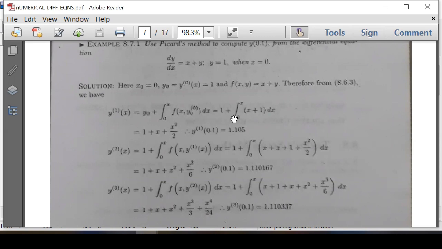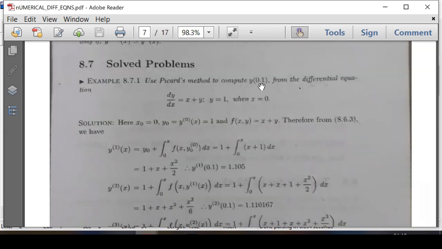For calculating all these integrals, as you know from the theory itself, suppose I am trying to calculate the value of y at the point 0.1. What we do is use the initial values, y equal to 1 when x equals 0. Then the first approximation is calculated using y0, which is 1, plus the integral of f of x0, y0. What is f here? f here is x plus y.